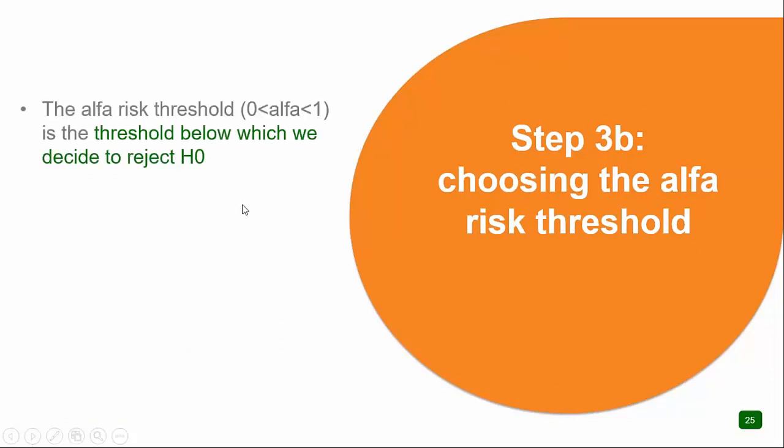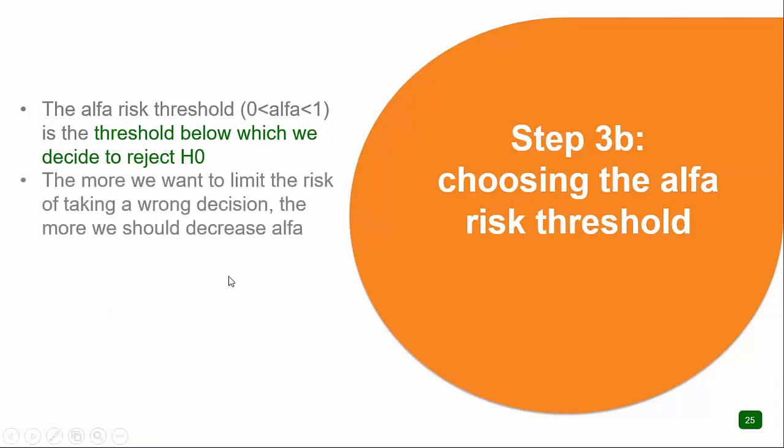The alpha risk threshold is the risk below which we decide to reject the null hypothesis. It's a number that is bounded between 0 and 1. And it's a very important threshold below which we decide to reject H0 if the p-value is ever lower than this risk. So we'll see what the p-value is.